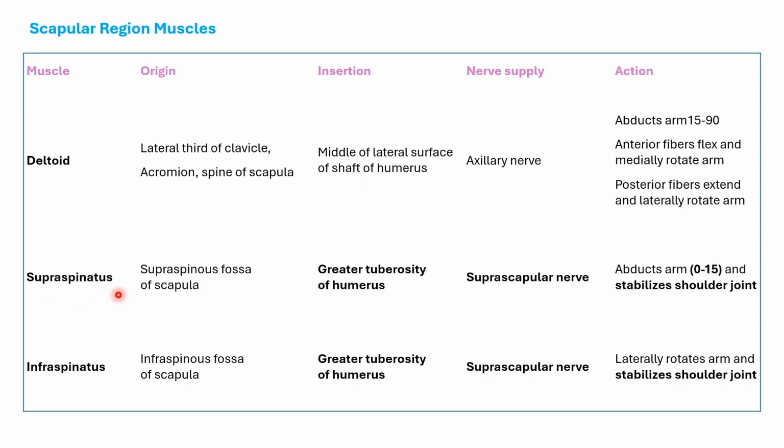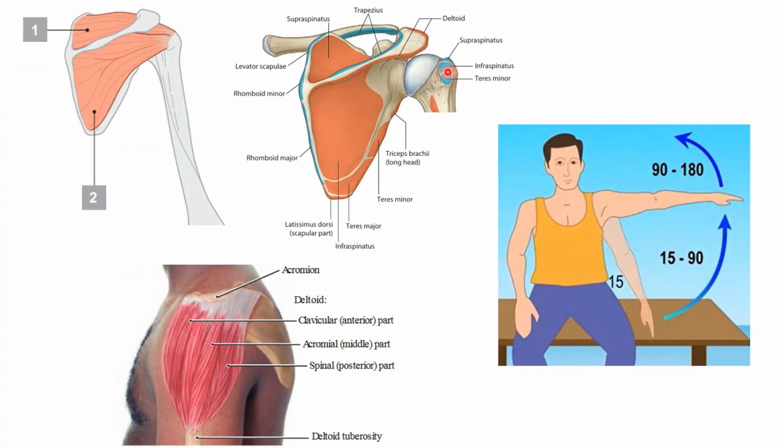Supraspinatus and infraspinatus both insert to the greater tuberosity of the humerus. You can see the infraspinatus and supraspinatus insertion.